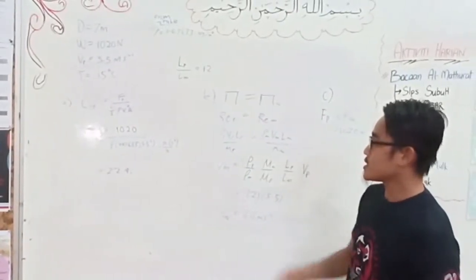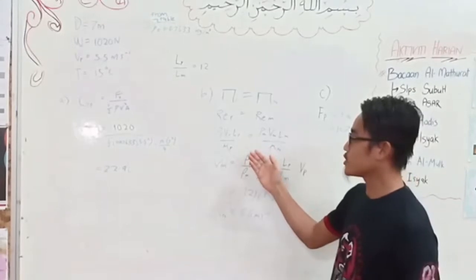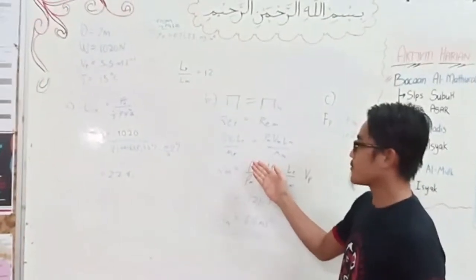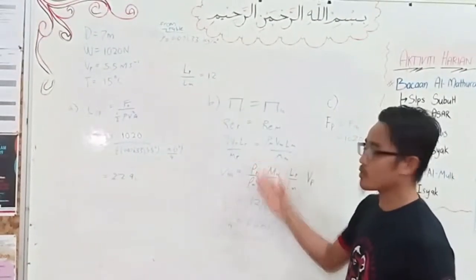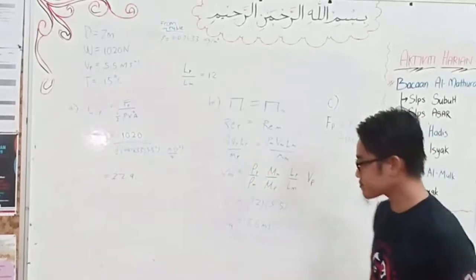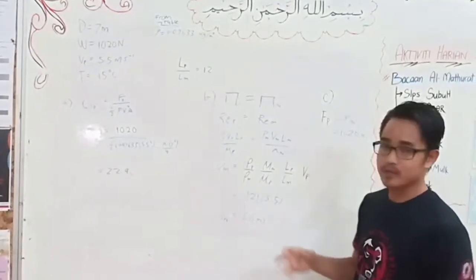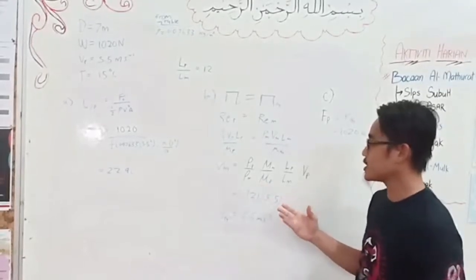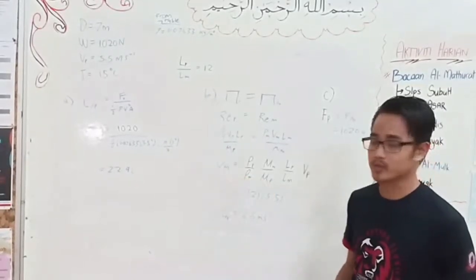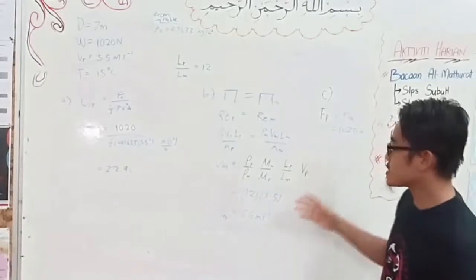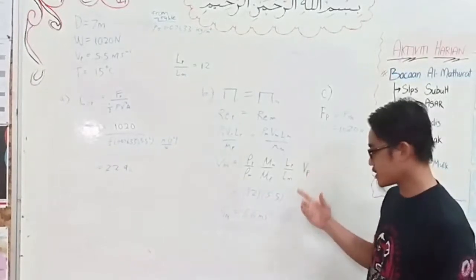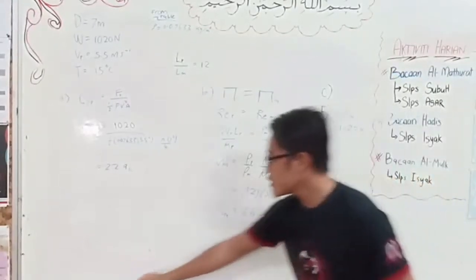The formula is rho times velocity times length, divided by the dynamic viscosity. So we just rearrange the formula to find the model velocity, and then substitute all the values.